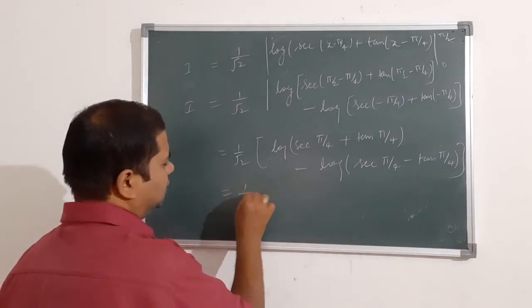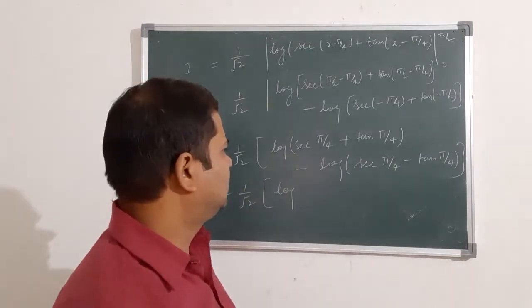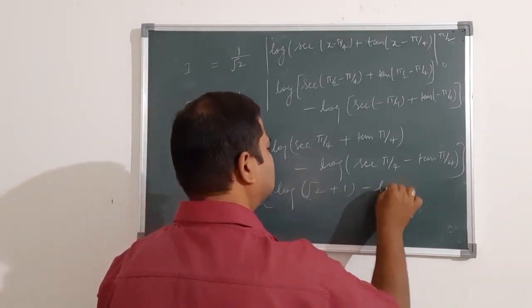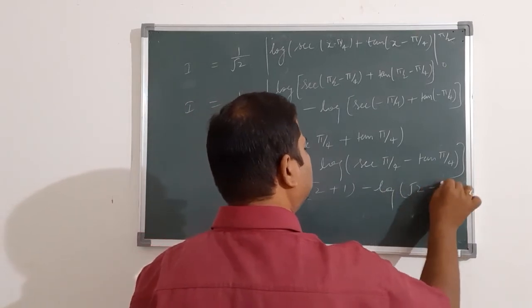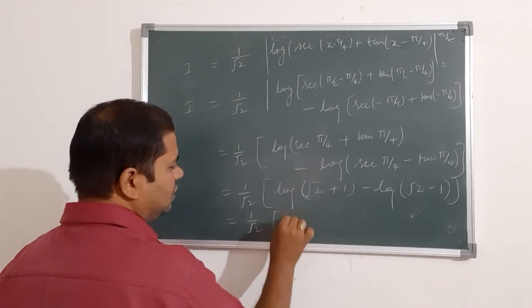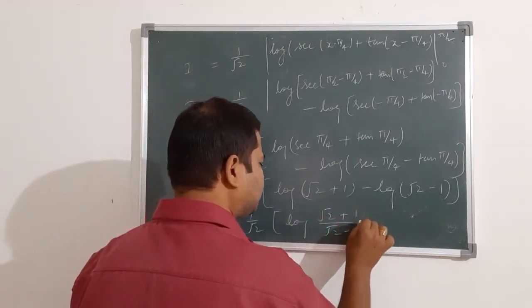Okay, so this is 1 upon root 2 log of, sec pi by 4 is root 2, so root 2 plus 1 minus log of root 2 minus 1, and this is 1 upon root 2 log of root 2 plus 1 upon root 2 minus 1.